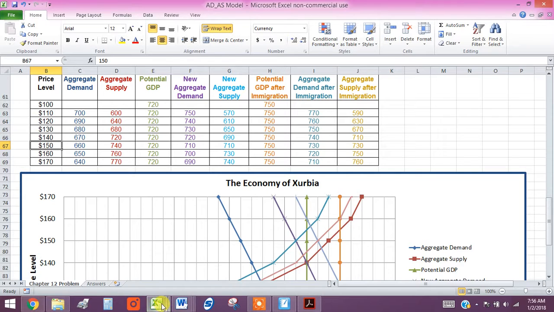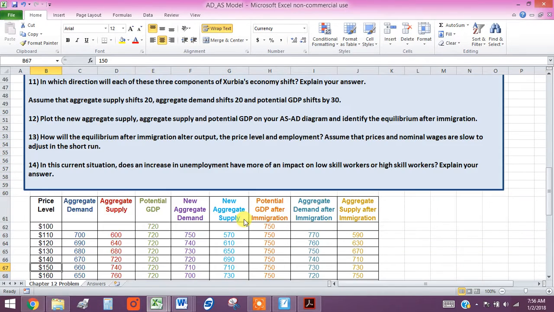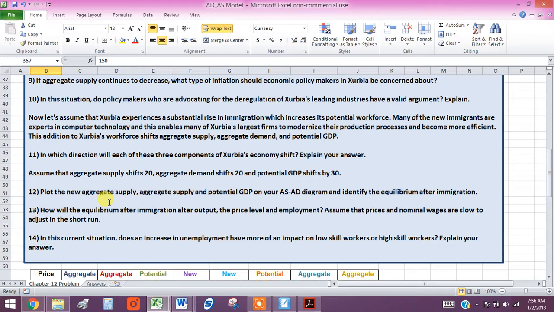Okay, so that means that, let's go back to our question: how will the equilibrium after immigration alter output, the price level, and employment? Assume that prices and nominal wages are slow to adjust in the short run. Well, we've already said that price level stays the same.